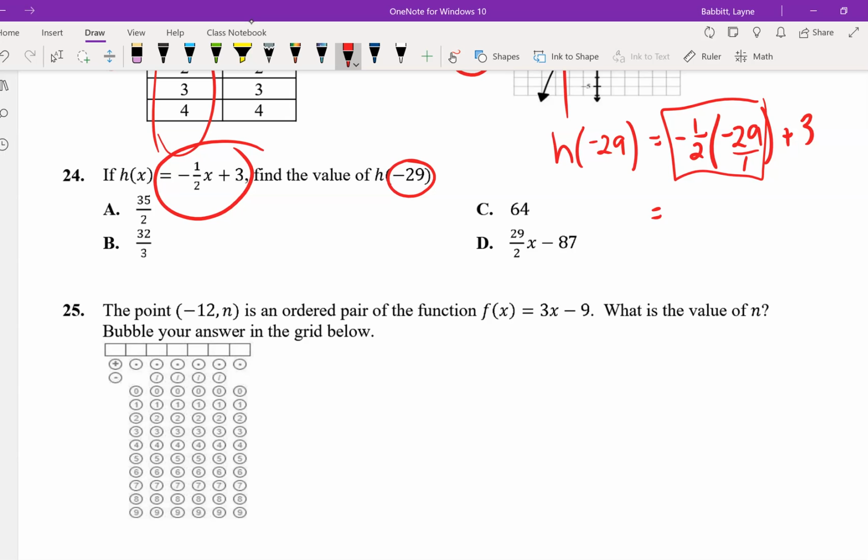So this is going to equal 29 over 2 plus 3. In order to combine these, I need common denominators. 3 is the same as 3 over 1, but I need a denominator of 2, so I multiply top and bottom by 2. That way this will be 29 over 2 plus 6 over 2. Add those together and I get 35 over 2.